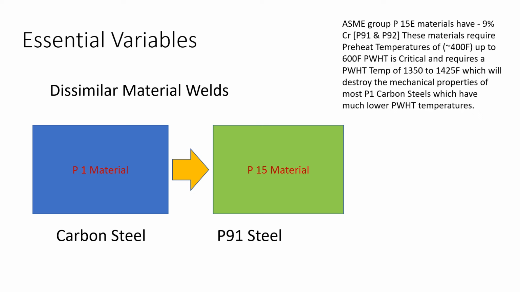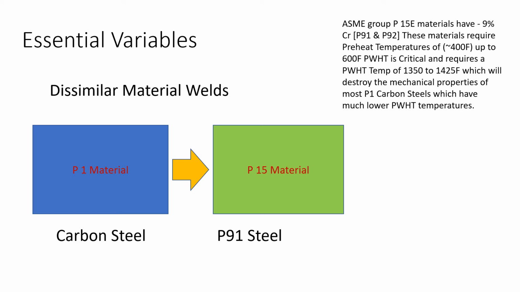They've got preheats up to 400 degrees. The post-weld heat treatment's 1350 to 1400, which if you weld carbon steel to that and you post-weld heat treat your garden variety carbon steel at that temperature, it's going to turn to mush. You're going to destroy the mechanical properties of that carbon steel. So these are some things that you need to be cognizant of.